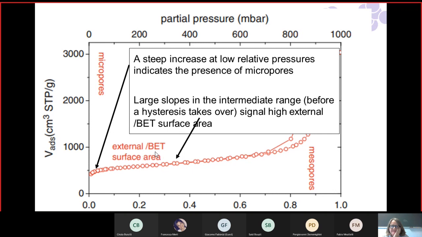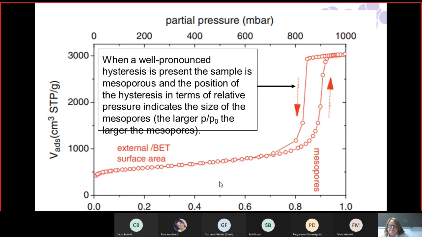So you can tell a lot just by looking at the isotherm, you can tell a lot about the material. And we're going to do that. And then I'm going to show you the methods to actually get quantitative data. So right now we're just looking at the isotherm. Then the hysteresis, if you have hysteresis, you have mesopores, okay?